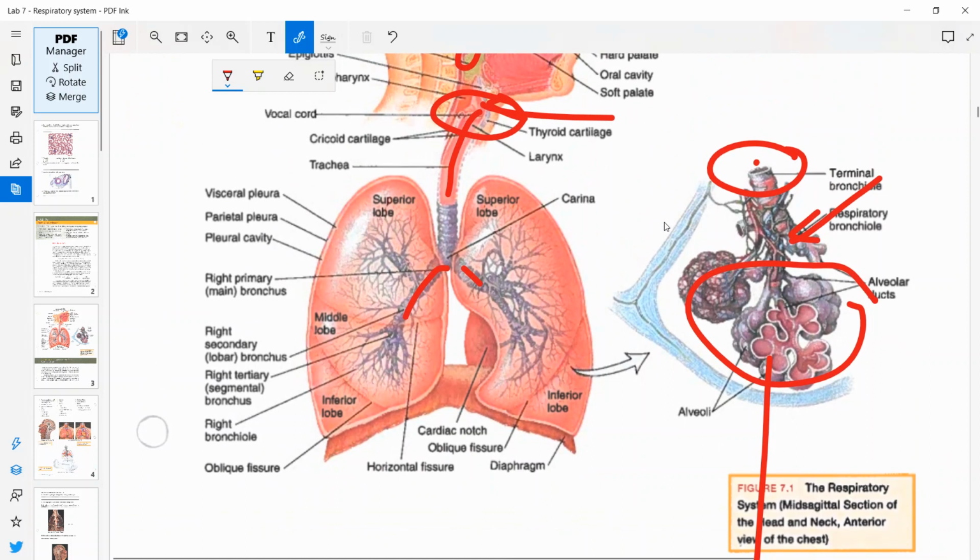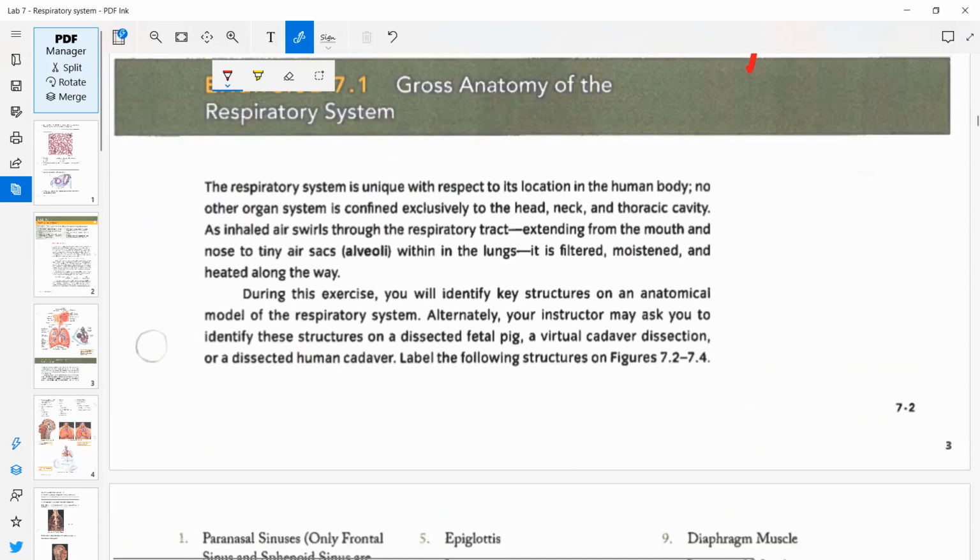Here you can see trachea, the carina branches into bronchi, and bronchi undergo 23 branching events, becoming smaller and smaller, and they eventually lead to the structure that is called an alveolus. And in alveolus there is a gas exchange.